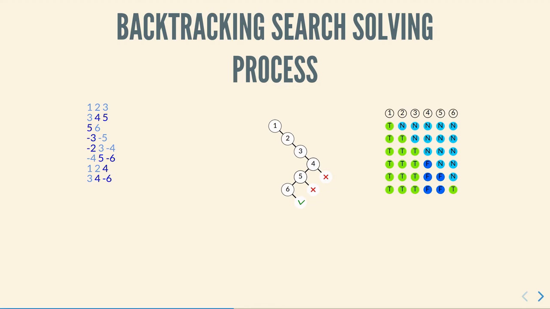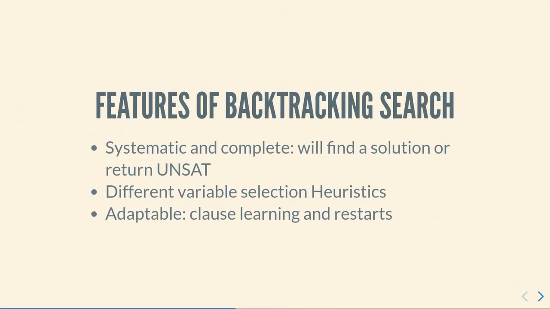So it's very systematic. So features of backtracking search: it's systematic and complete. Either it will find a solution, or if it doesn't find a solution, then we know that there is no solution to be found. And the other one is, when we were doing this search process, you could have made different variable selections. In the previous example, we went 1, 2, 3, 4, 5 in terms of variables, but we didn't need to do that.